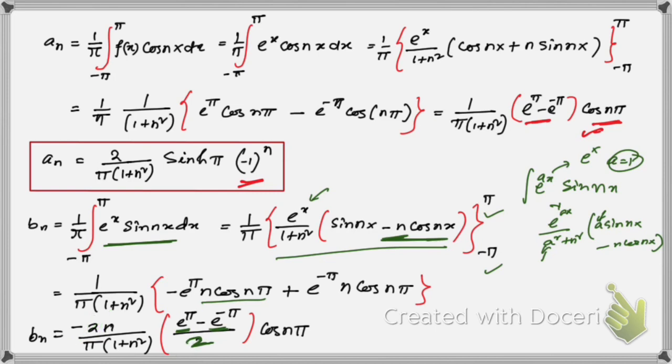So hope you have understood this. I multiplied both the numerator and denominator by 2 because e to the power pi minus e to the power minus pi, divided by 2, is sine hyperbolic pi. Okay, so what we have got? We have got this result.